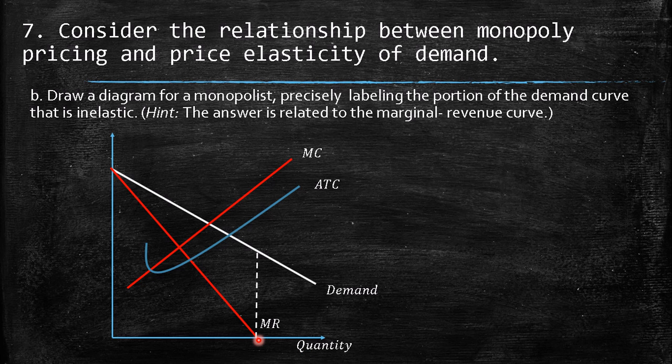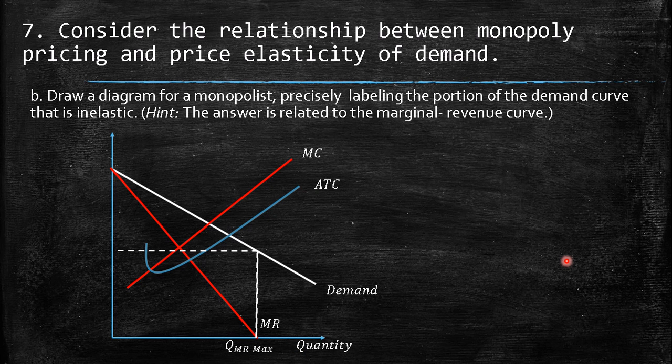As soon as it crosses the x-axis and becomes negative, it immediately informs us that once we produce one additional unit, the total revenue will decrease. So when the marginal revenue is equal to zero, it is exactly the point where the total revenue is the maximum. Okay, so this QMR is the point where the total revenue is the maximum.